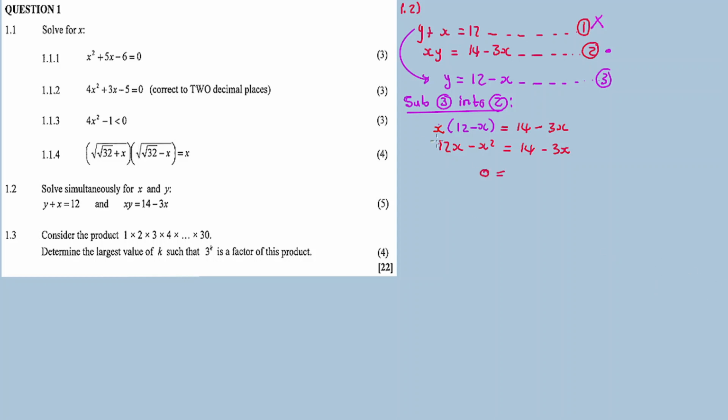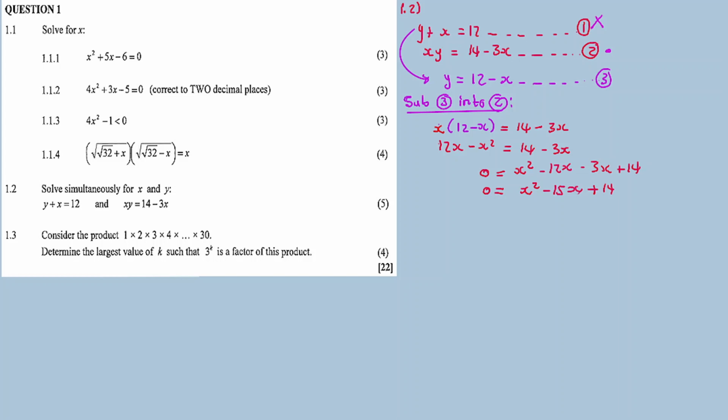Now transpose everything to the left, what I bring from the right leaves 0. This x squared arrives positive, 12x arrives negative, and then we have negative 3x on the right hand side, as well as positive 14. The minus 12x and minus 3x are like terms, so we add them and get minus 15.